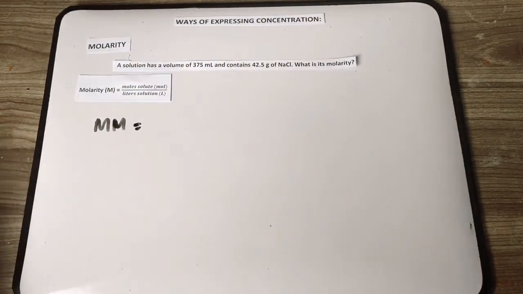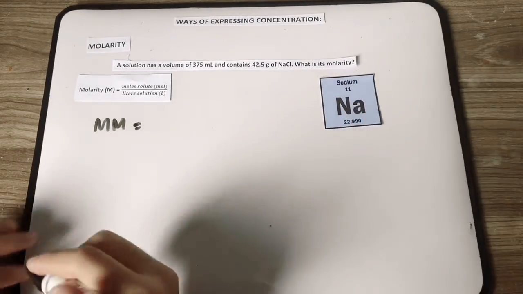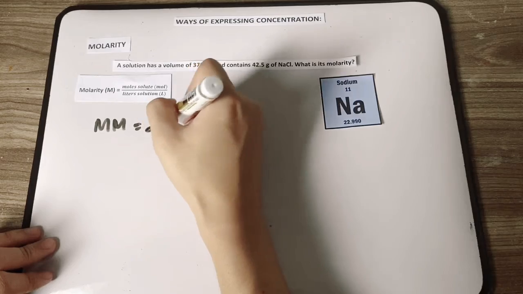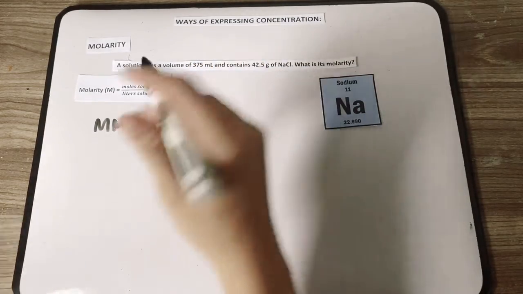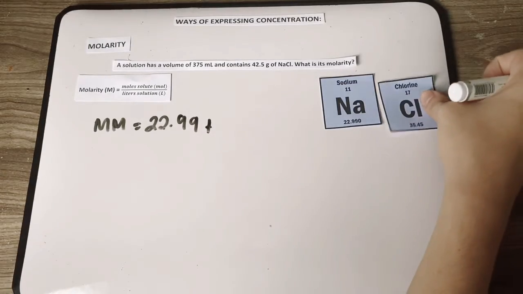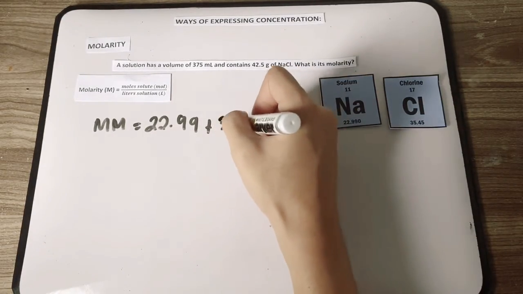is equal to, we're going to look to our periodic table, 22.99 atomic mass for sodium. And then for the chlorine, we have 35.45.